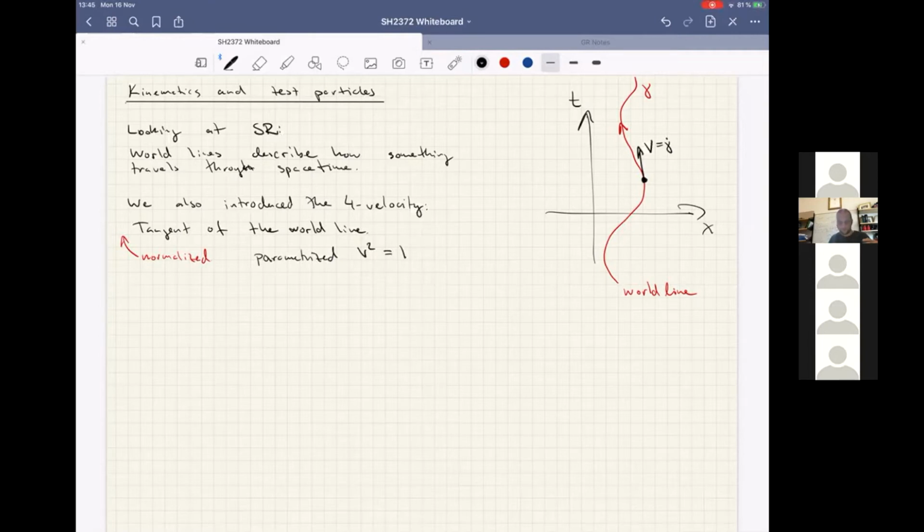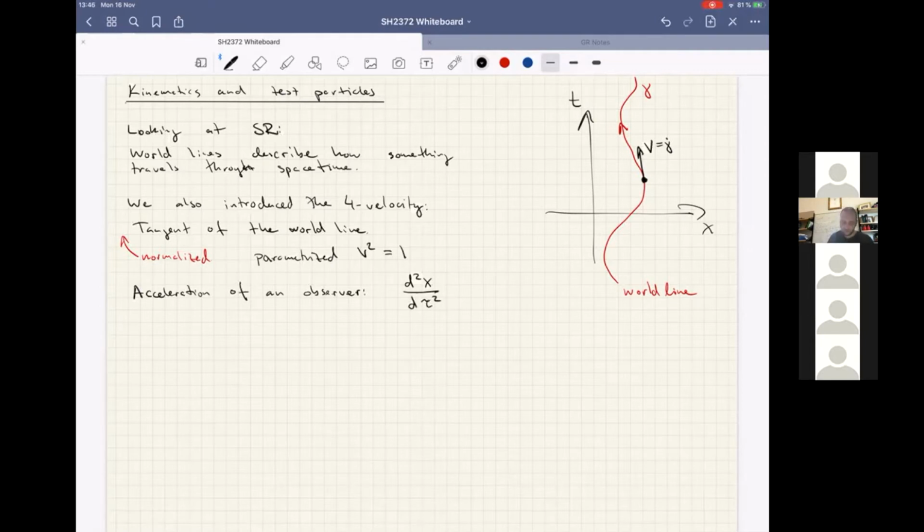Yet another concept that you will look at in special relativity is the acceleration of an observer or particle. In special relativity, you would introduce that essentially as the second derivative of the event vector with respect to proper time, tau.